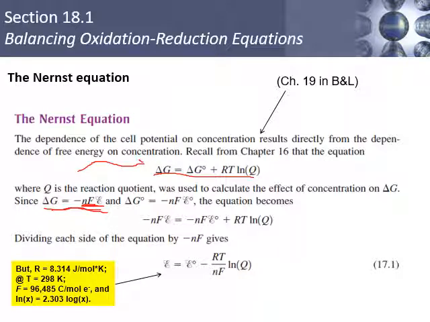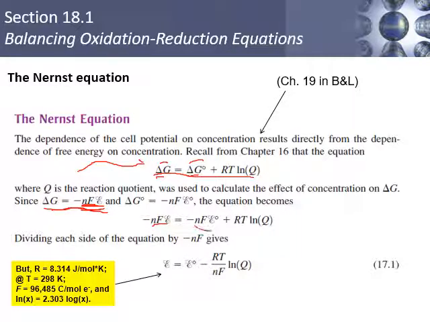The thing here at the right can be converted to something useful for this chapter if we do the following. You don't need to remember this, but we want to replace the delta G here with the minus NFE here, and then replace the delta G standard with minus NFE standard. So we're just replacing this thing with this thing, and then this thing with this thing.